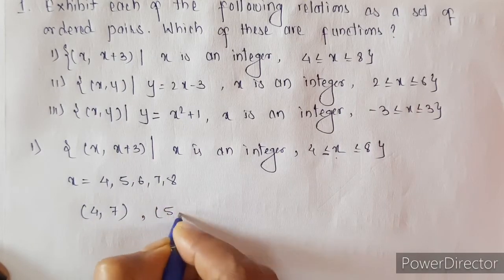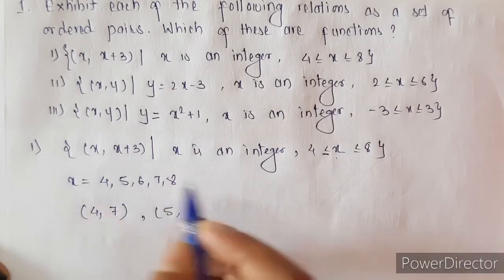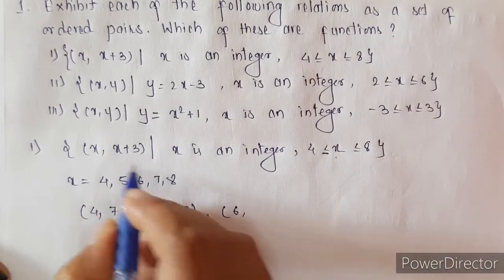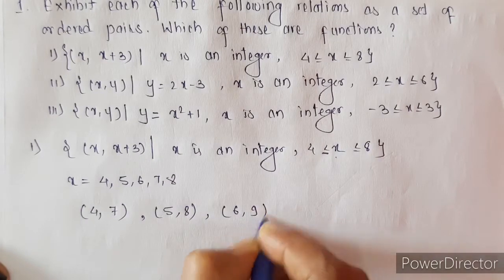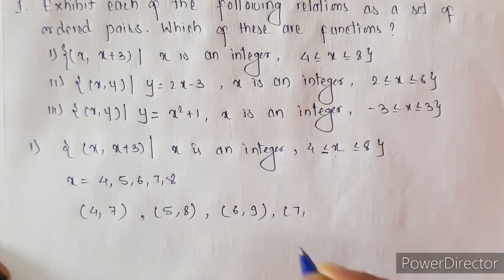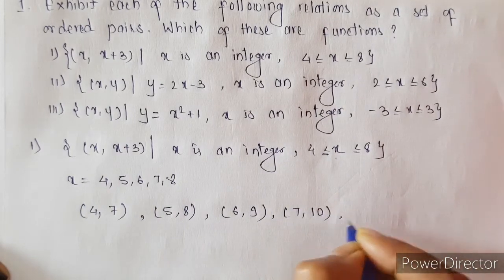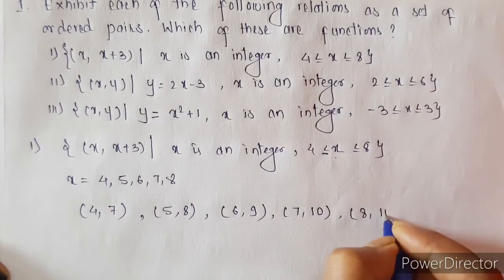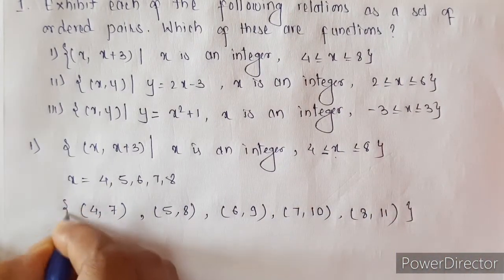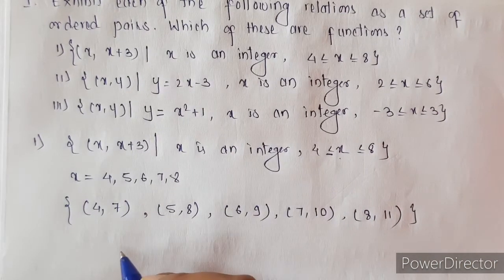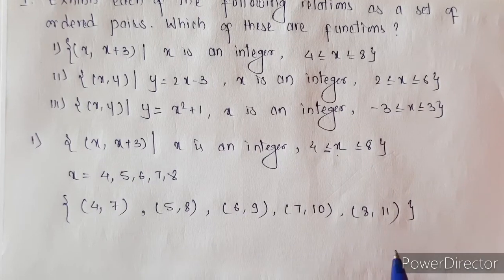If x is 5, it will be 5 plus 3, so 8. 6 gives 6 plus 3, 9. 7 gives 7 plus 3, 10. And 8 gives 8 plus 3, which is 11. So these are our ordered pairs for the first relation.